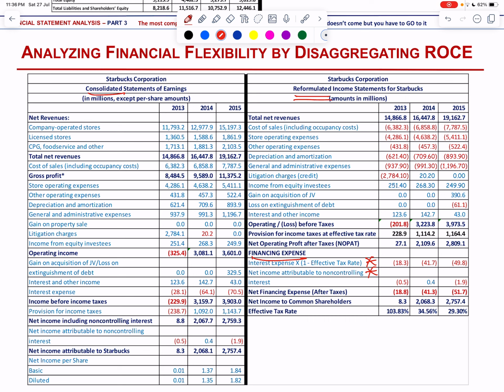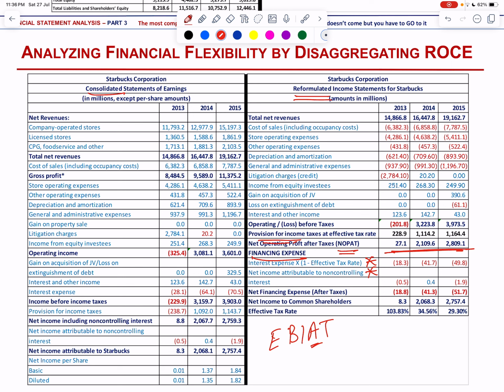So after subtracting the taxes from operating profit, we get net operating profit after taxes, and this is also known as EBIAT, the earning before interest and after taxes.